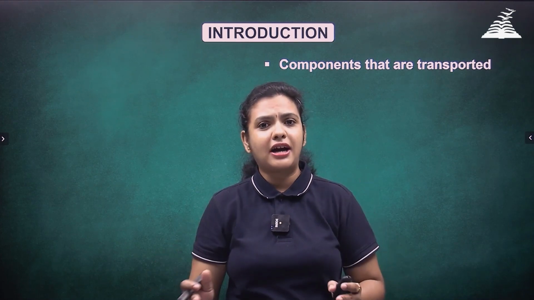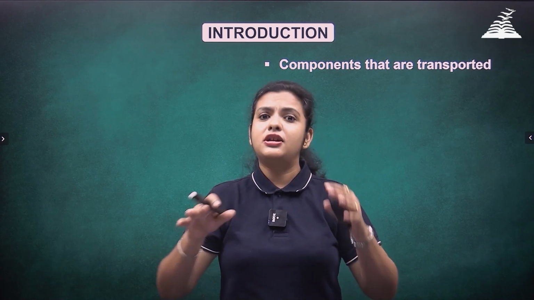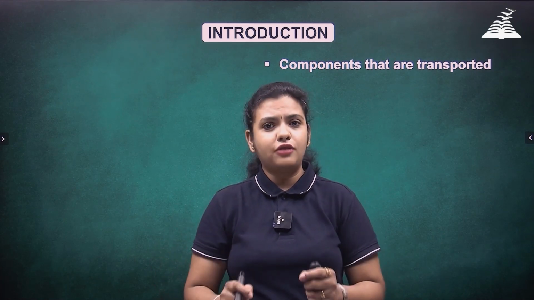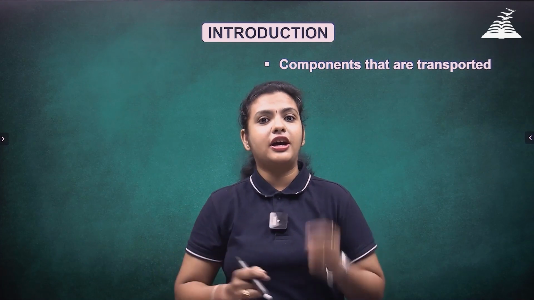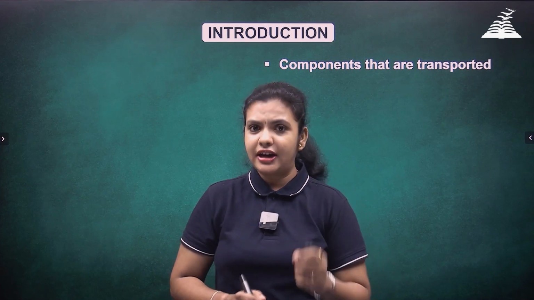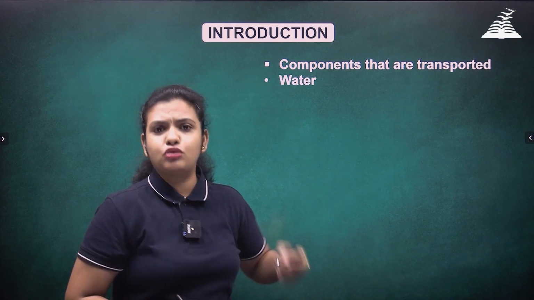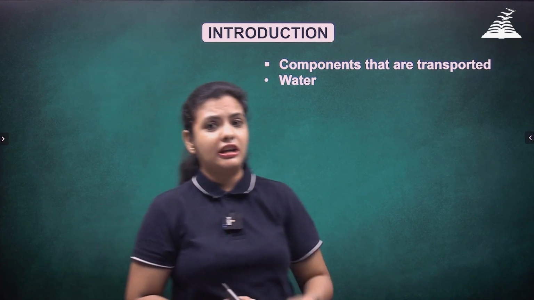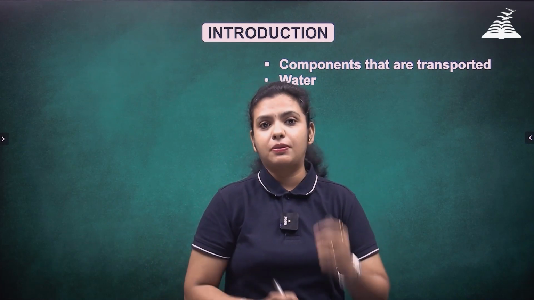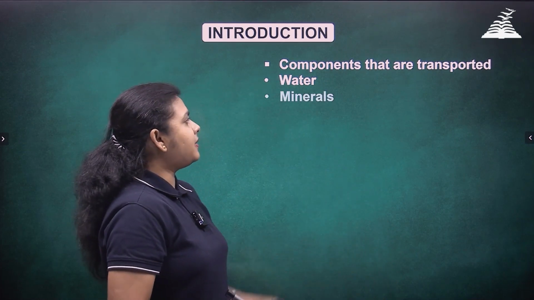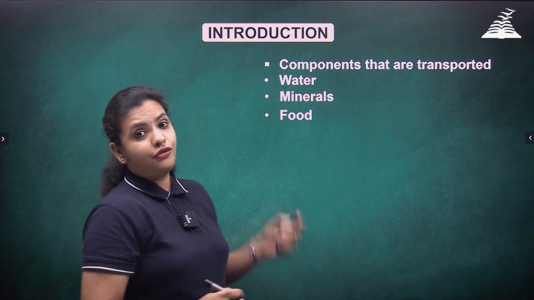So you have huge banyan trees, you have small shrubs and herbs. All of them need food for their growth and development, right? So the components that are going to be transported from the leaf to the root or from the root to the leaf and all parts of the plant are your water, your minerals and food.